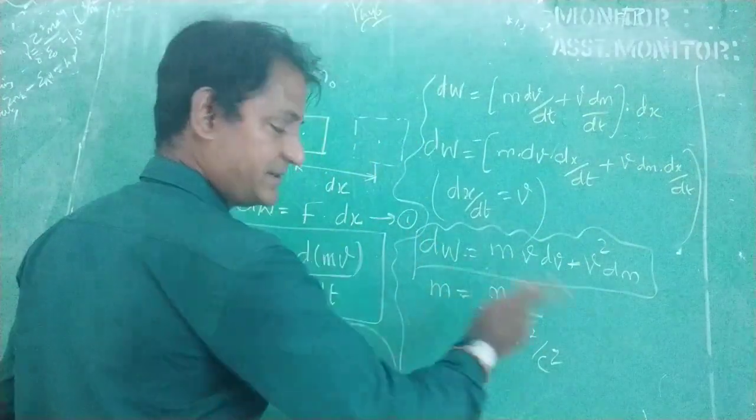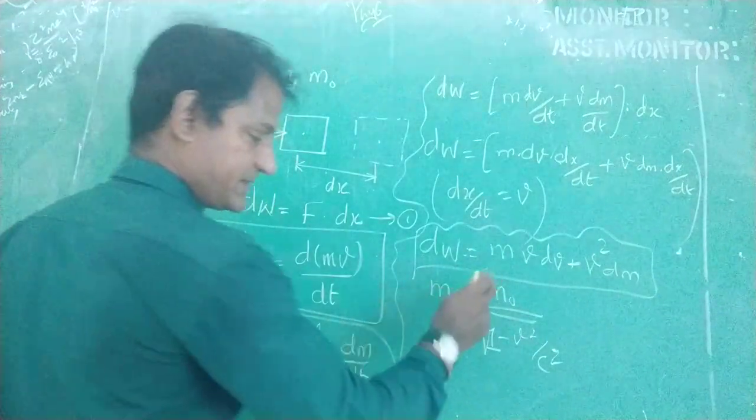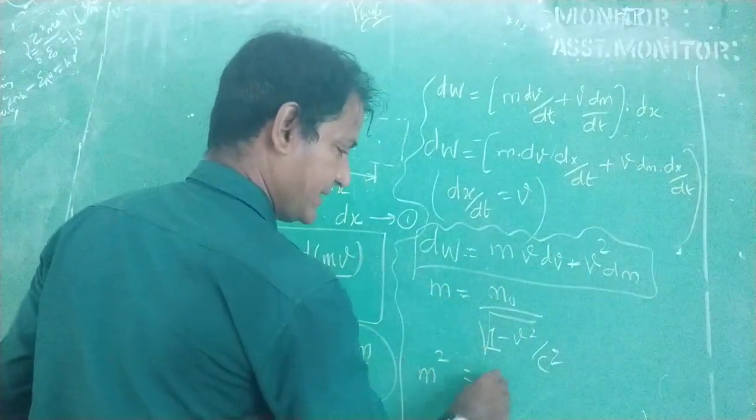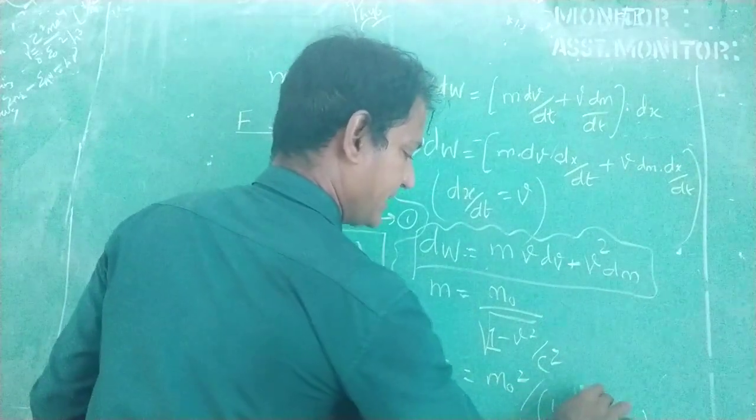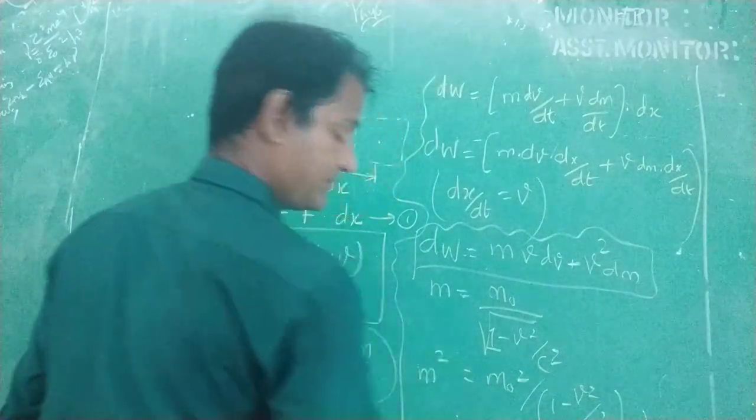Now, let me square on both the sides. m squared is equal to m naught squared by 1 minus v squared by c squared.